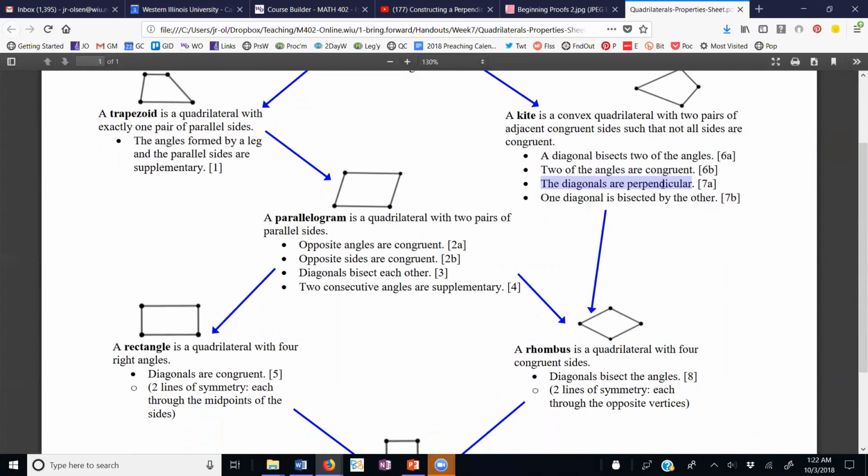So the diagonals are going to be perpendicular down here in the rhombus. So if I'm proving something about a rhombus, I can assume that I have the properties that are above it in the figure. For example, opposite sides are congruent because a rhombus is a parallelogram.